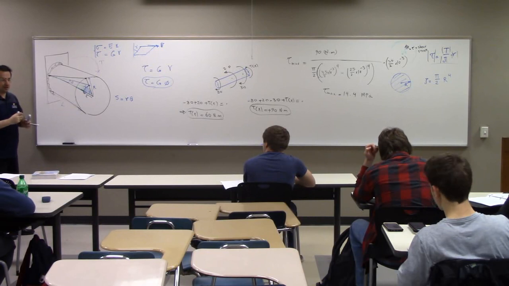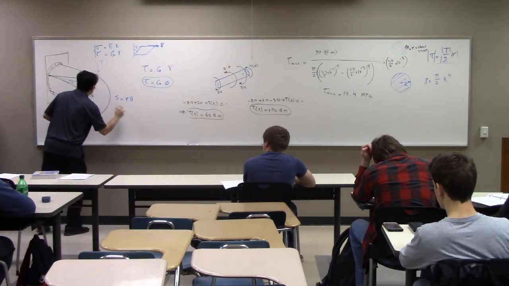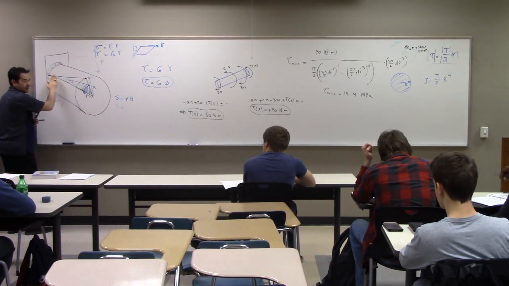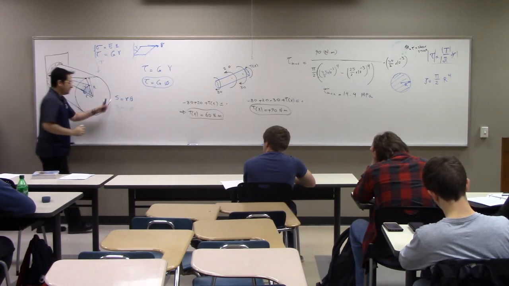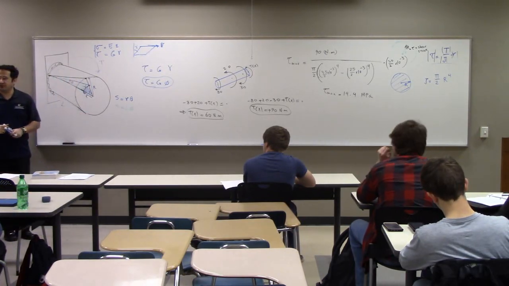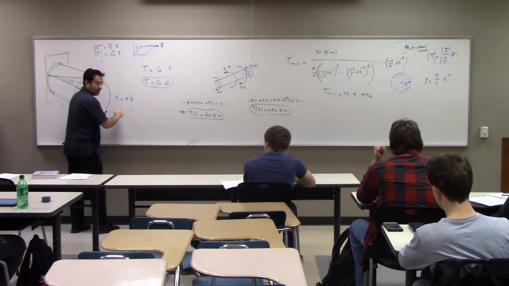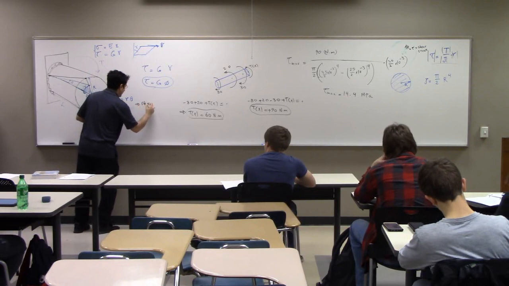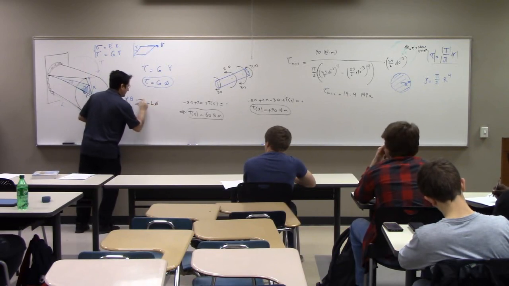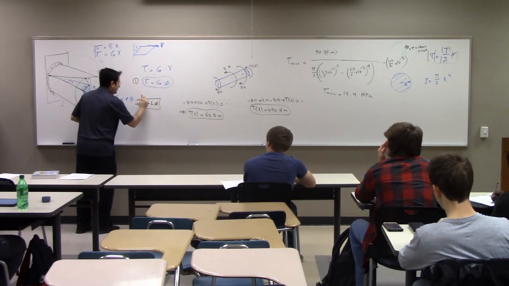What can I say about ds or S? S is equal to L times phi, because S is the same thing. You make these two equal because S is the same. So then you get R theta is equal to L phi. This is your second equation. So equation number 1, equation number 2.